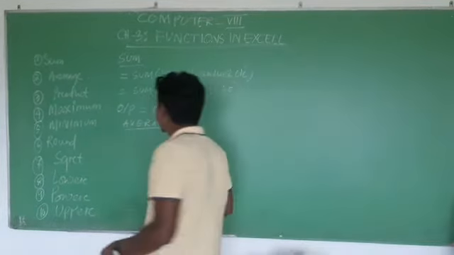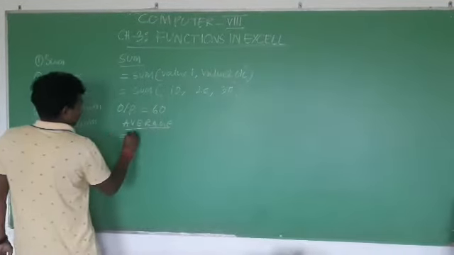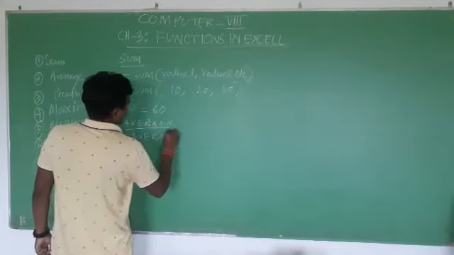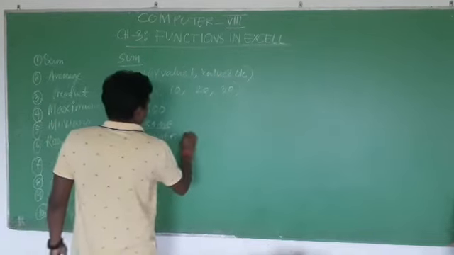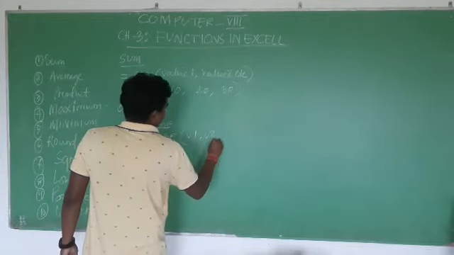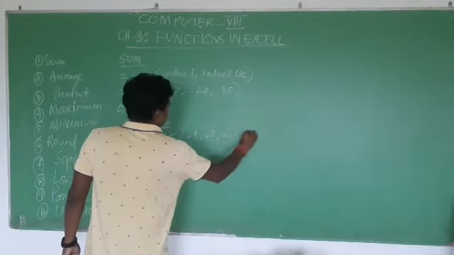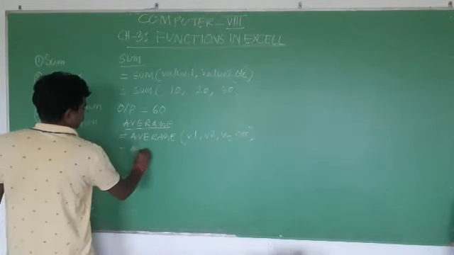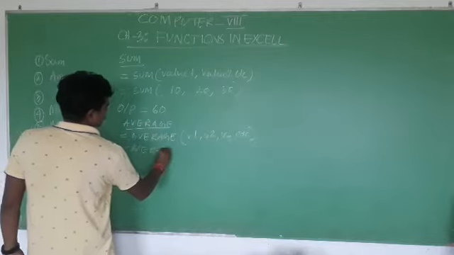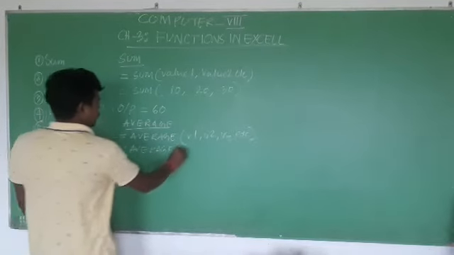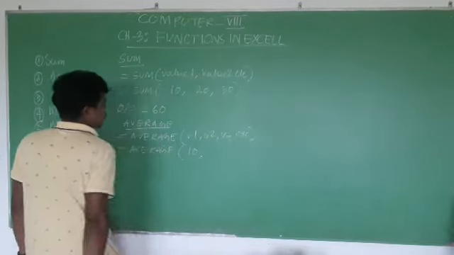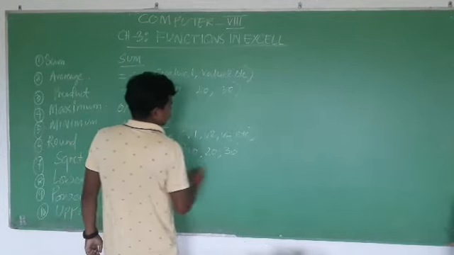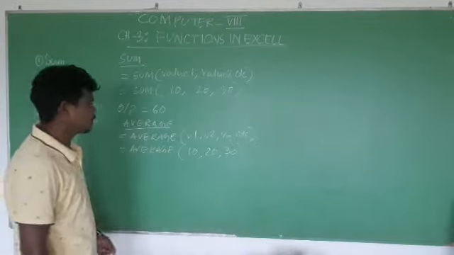We can write it as equals AVERAGE, value 1, value 2, value 3, etc. Again, suppose value 1 is 10, 20, 30, total 60.